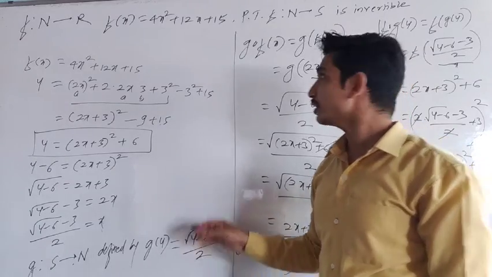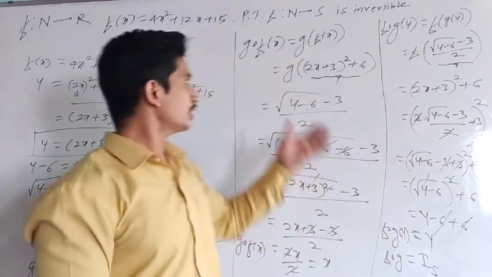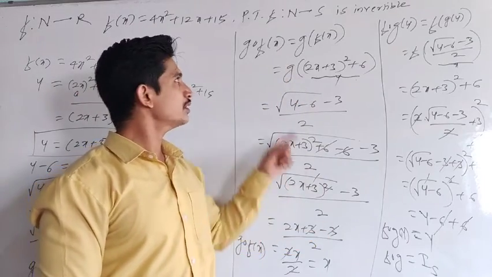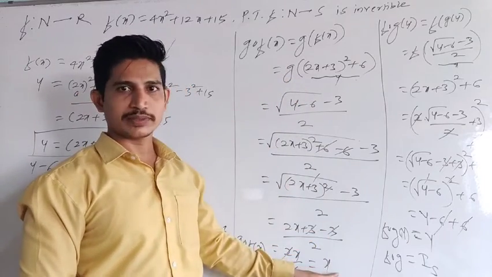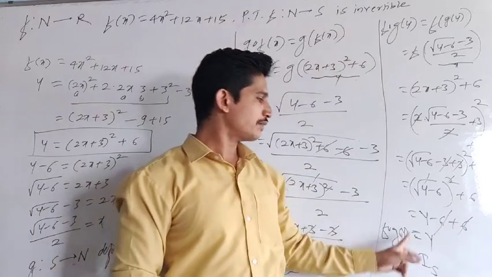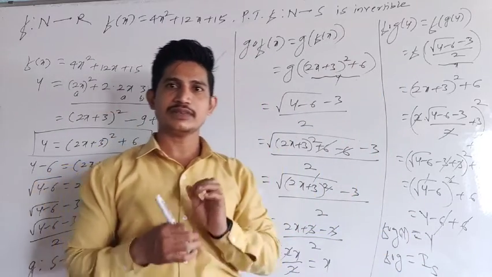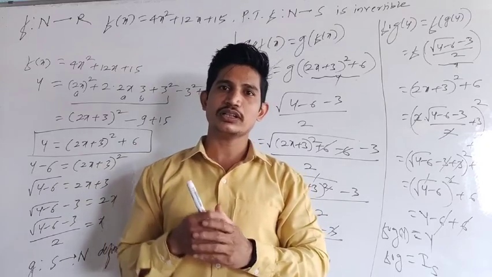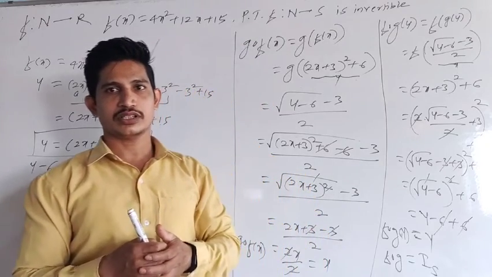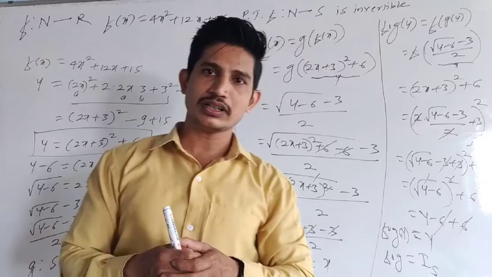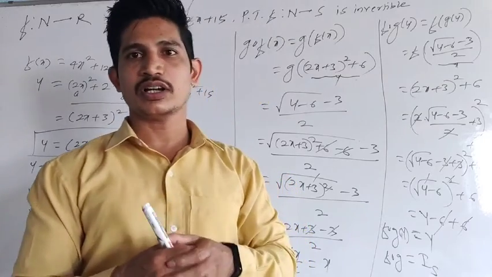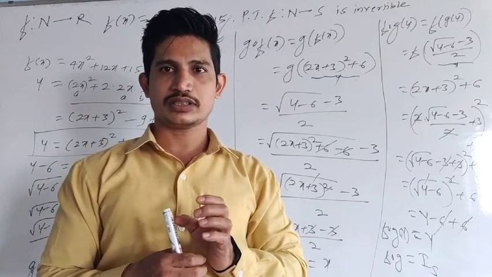Then find their compositions, g composition f and f composition g. For x, x should come as the answer, and for y, y should come. If both are identity functions, then the function f is called an invertible function. Got it? So this is the method when we are dealing with a quadratic equation.